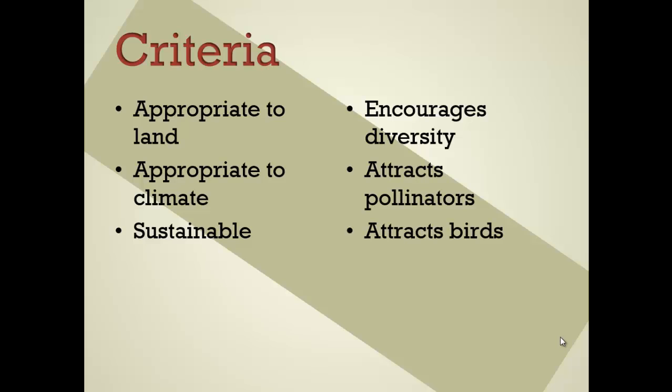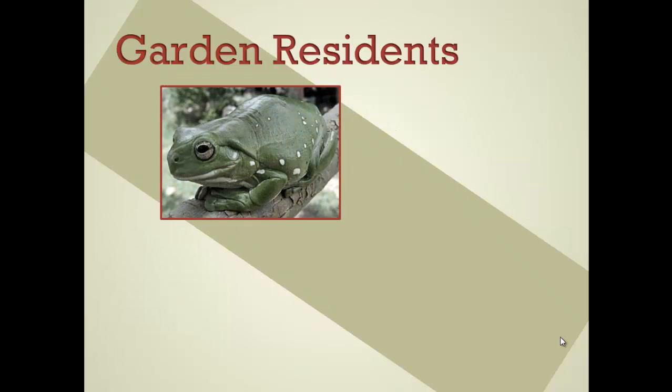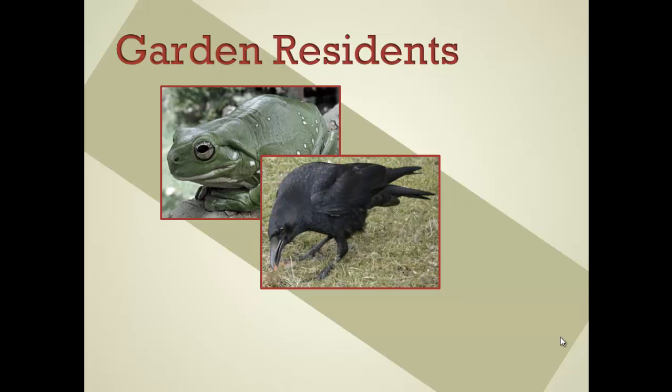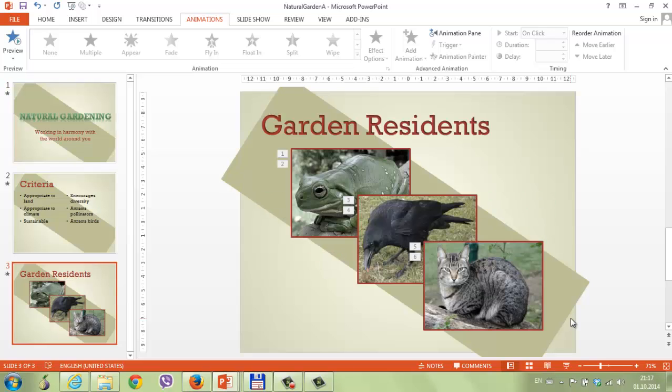The next, and the next. Same should go for the photos. Step by step, each animation only goes when I click with the mouse. Let's go back to normal view.